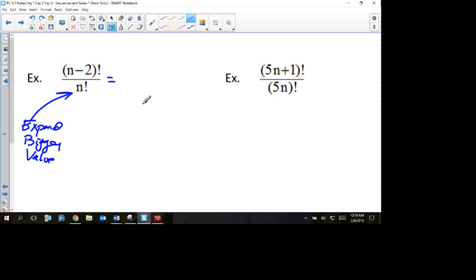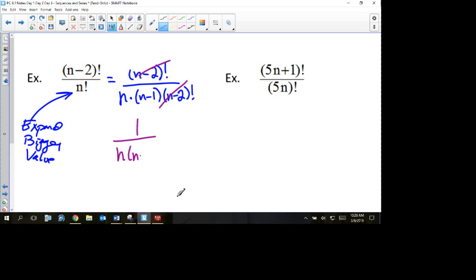So on top, N minus 2 factorial. On the bottom, I'm going to start with N. Then I'm going to multiply by 1 less, N minus 1. Then I'm going to multiply by 1 less than that one, N minus 2. Oh, and then it matches, so I'll hit factorial there. Which cancels, and we get 1 over N times N minus 1.